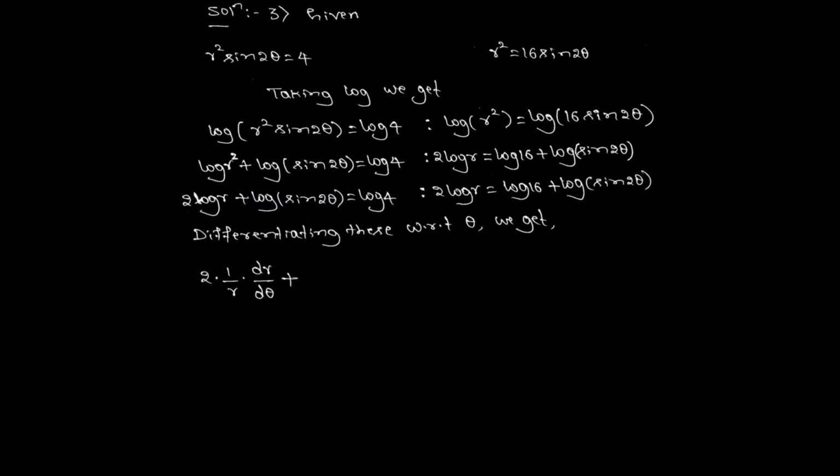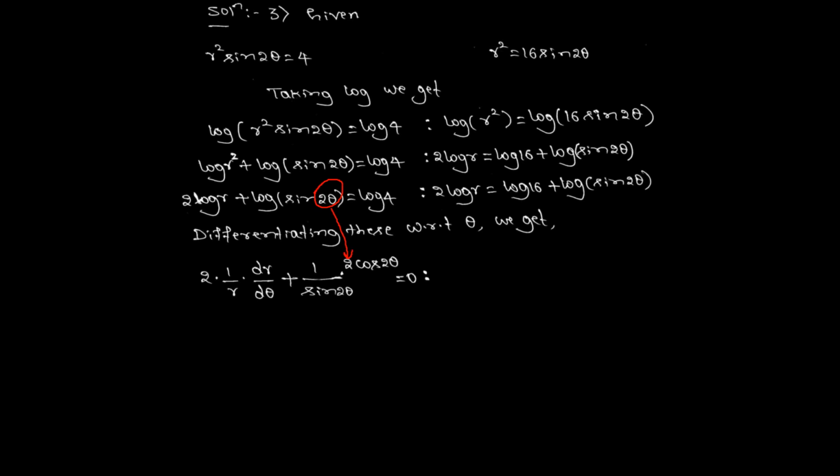First it will be 1 by sin 2 theta into the differentiation of sin 2 theta, which is cos 2 theta, into the differentiation of 2 theta, which is just 2.